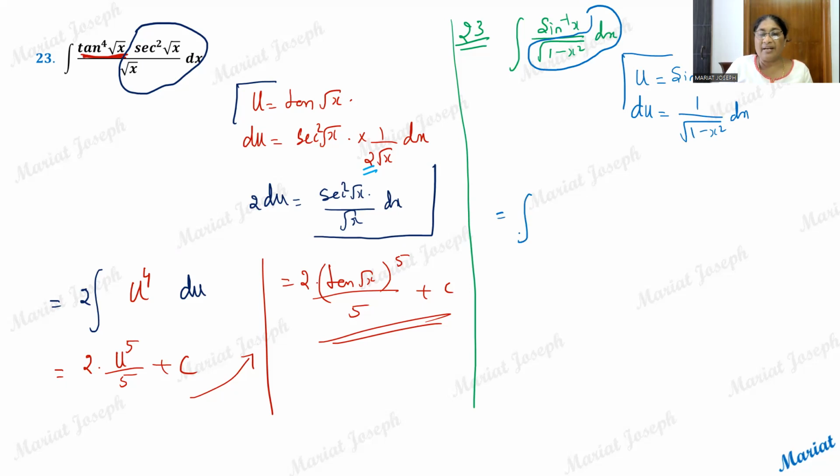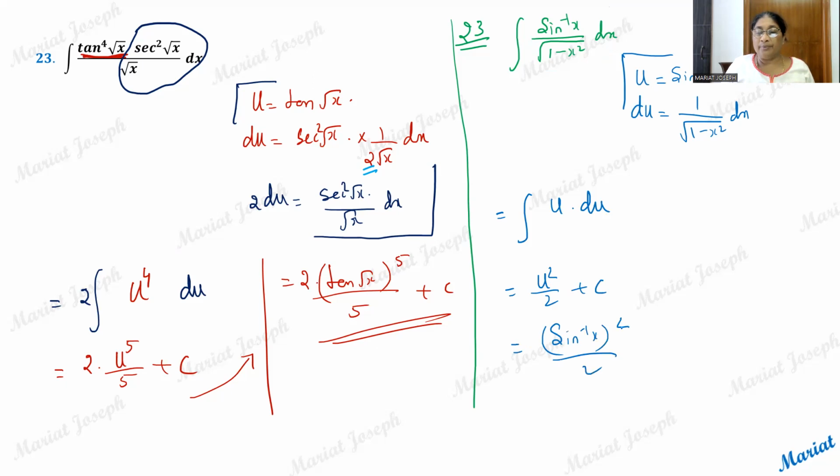Therefore, what will this step become? Integral u into du and nothing else. Sin inverse x is u, and the rest of the whole thing is du. Integration is u square by 2 plus c, that is sine inverse x whole square by 2 plus c. This is the answer.